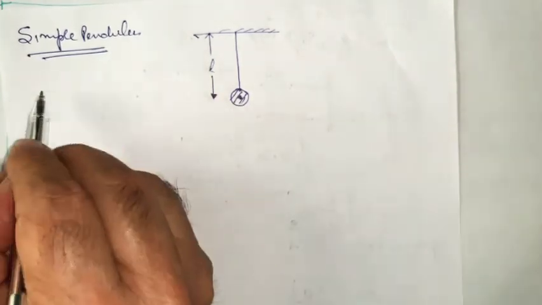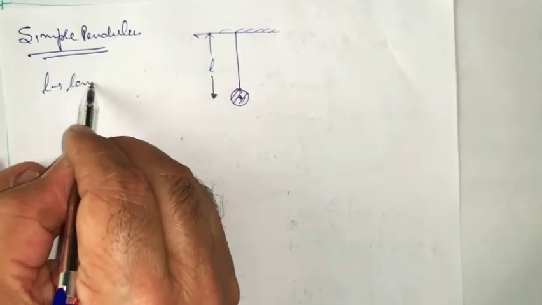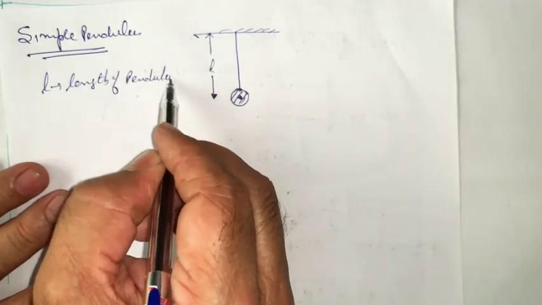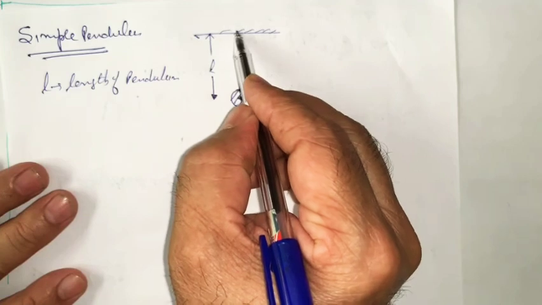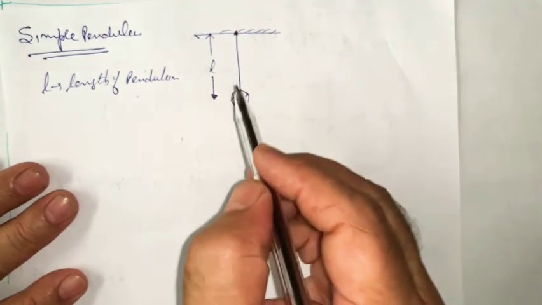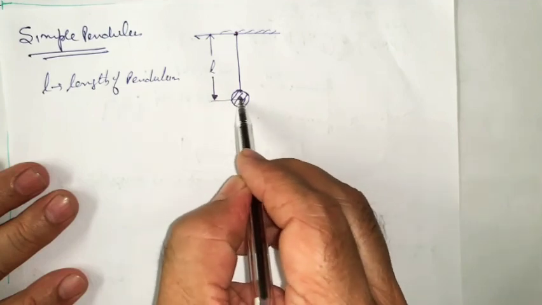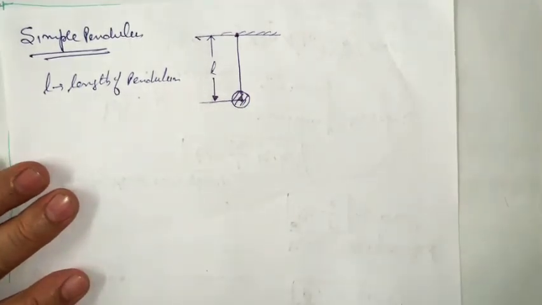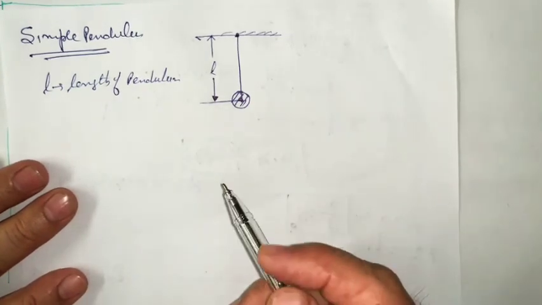This is known as the length of pendulum. This is always the length from suspension to the center of the bob. Means the radius of the bob is accounted into the length of the thread.